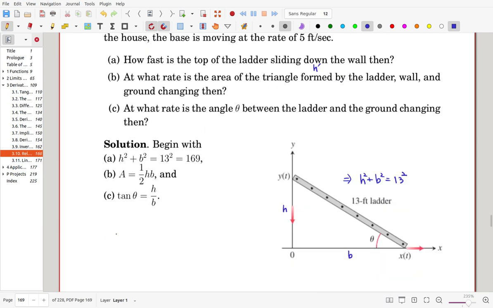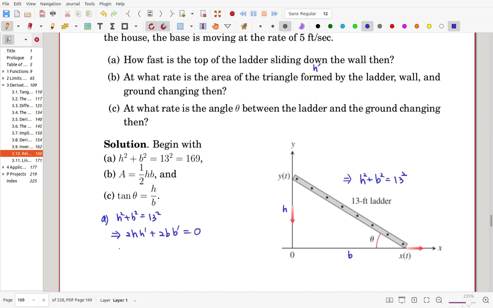Let's try here. We start with h squared plus b squared equals 13 squared. From this one, we take the time derivative. So it's 2h h prime plus 2b b prime equals 0.